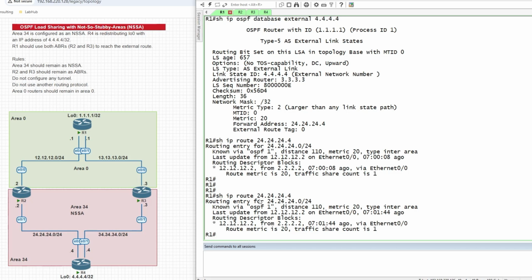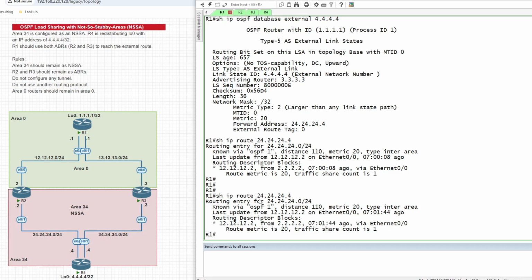That's our first option. There's a second way that we can figure this out, by suppressing the forwarding address during the type 7 to 5 translation and also asking both R2 and R3 to do that translation. We'll look at that in our next lesson.